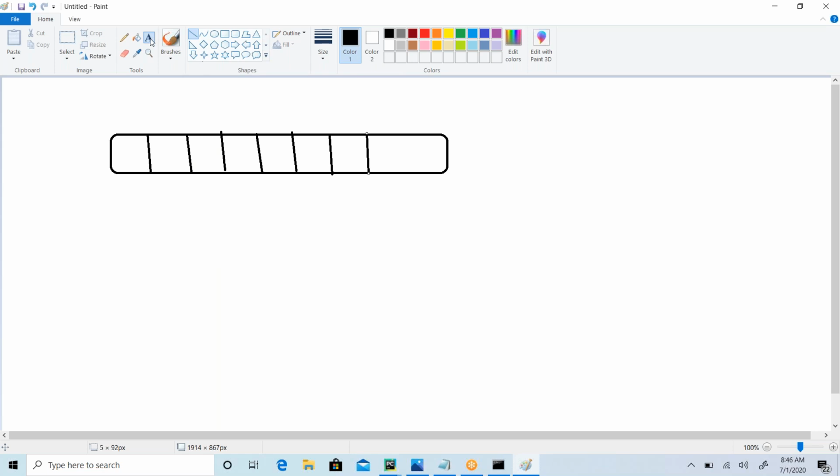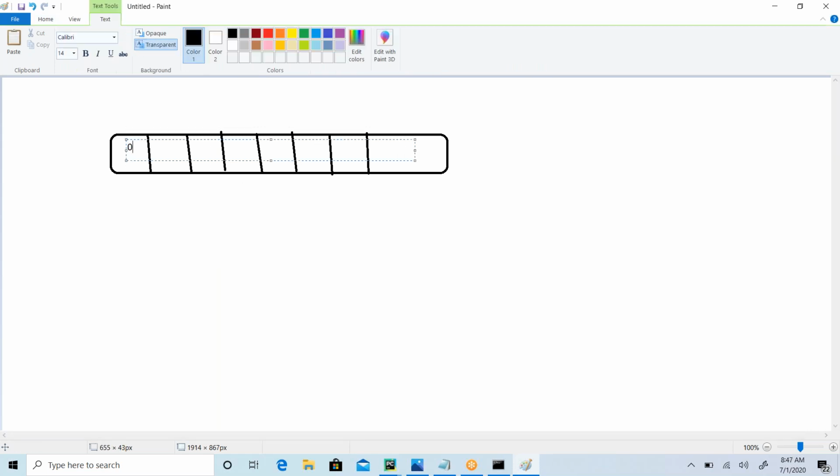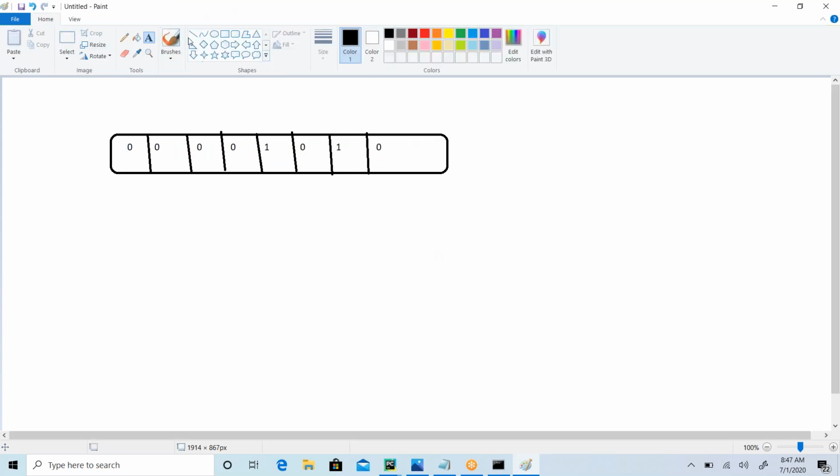Now you fill up with your numbers here. What are the numbers? 0, 0, 0, 0, and 10, right? It's 1, 0, 1, 0, 1, 0, 1, 0. These are my 10 bits. Now I'm saying that it's going to move towards its left.